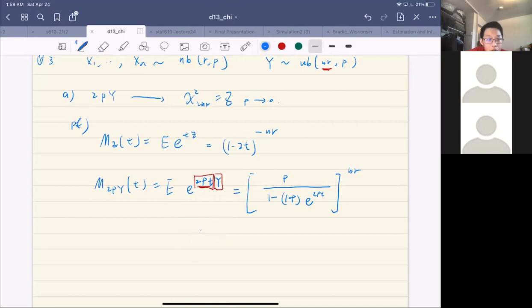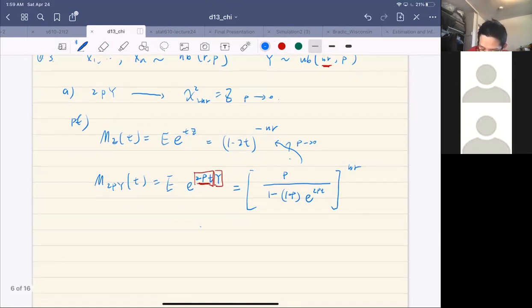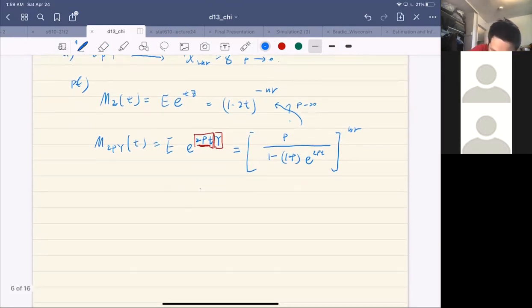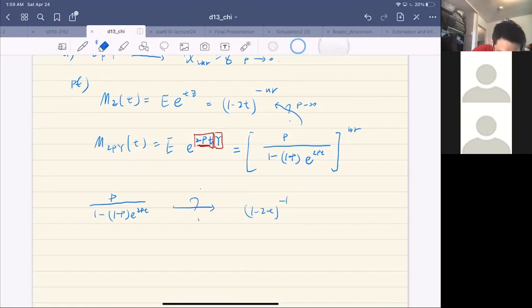So we want to show this converges to this as p goes to 0. So actually we only have to show that p over 1 minus (1 minus p) e to 2pt converges to this.